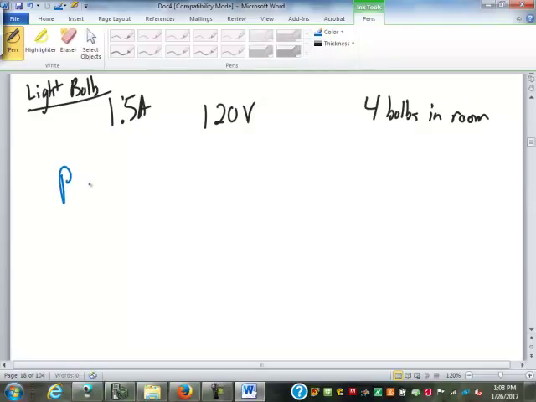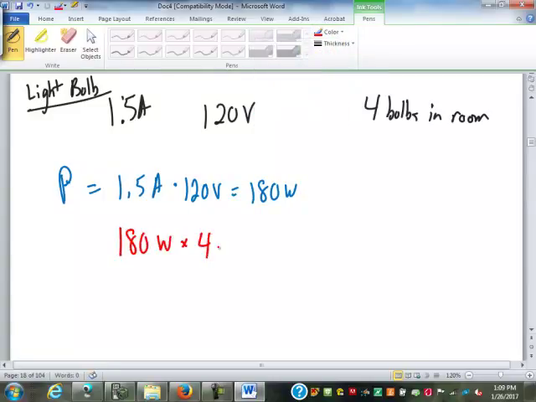So the instantaneous power dissipation here is your 1.5 amps times your 120 volts, which is 180 watts per bulb. 180 watts times 4 bulbs ends up being 720 watts total between the 4 bulbs. Or 0.72 kilowatts.